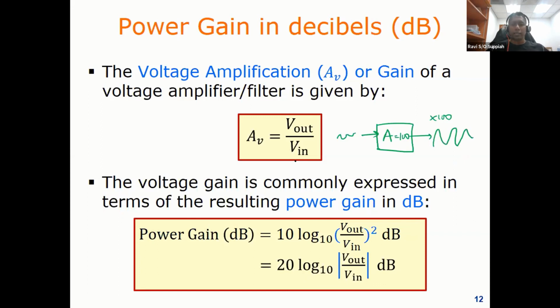If I want to represent it in decibel notation, you just need to do the log operation of it, and the log operation is basically 20 log to the base 10 of V out over V in. That is basically the power gain. The voltage gain is still considered as 20 log to the base 10 of V out over V in.